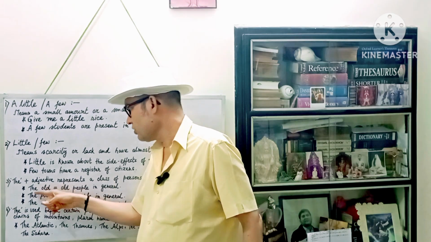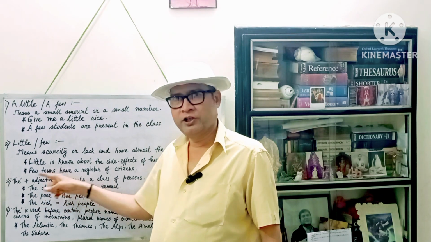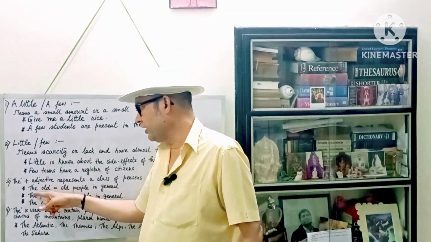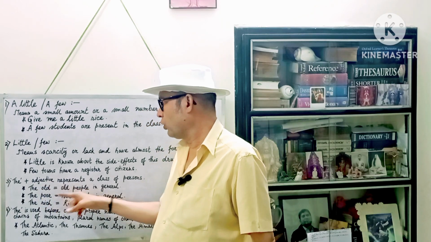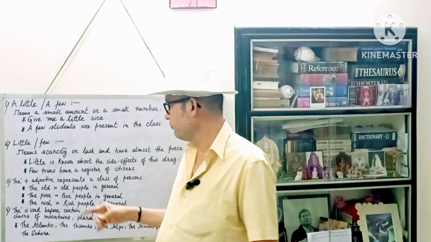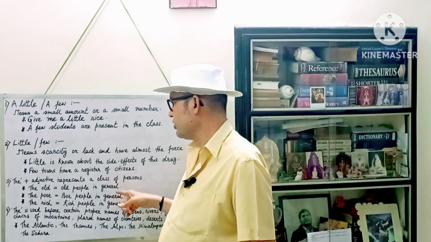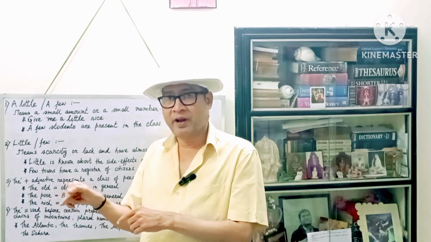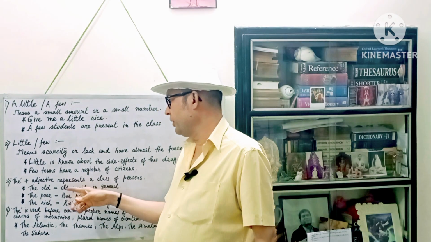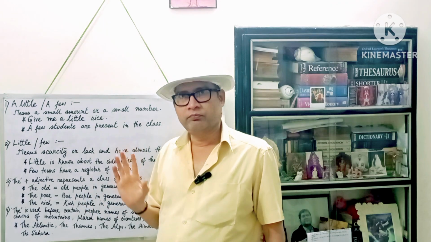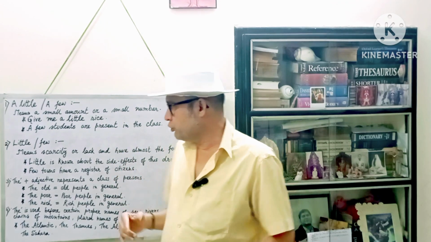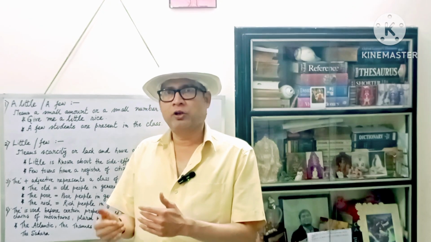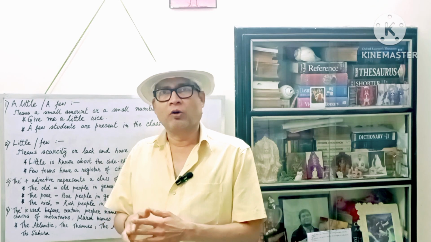Let us look at the example sentences, then it will become a little more lucid to you. The old. Old is an adjective. We have used the definite article the before old. The old. What does this mean? Old people in general. Not one old man or a particular old man, but old people in general. If you say the old man, it will mean a particular old man.